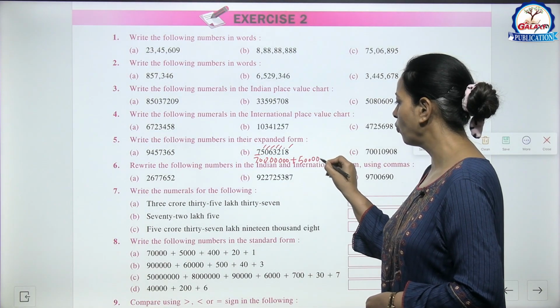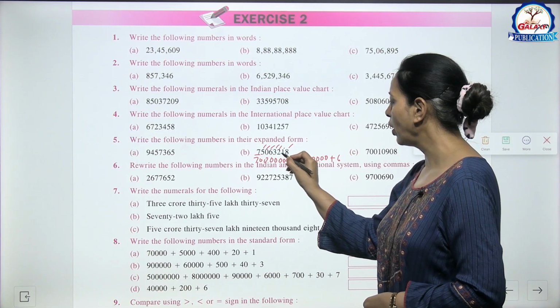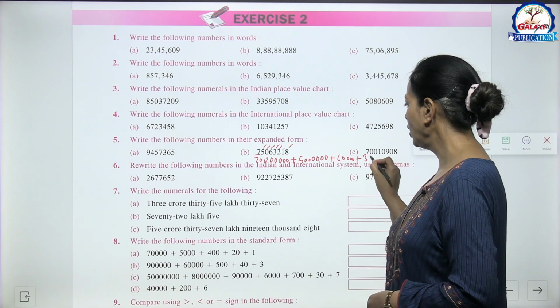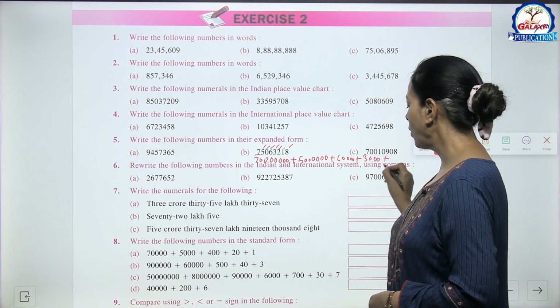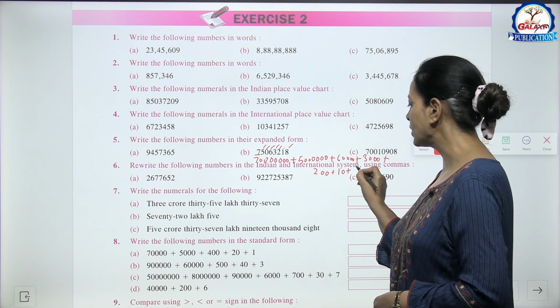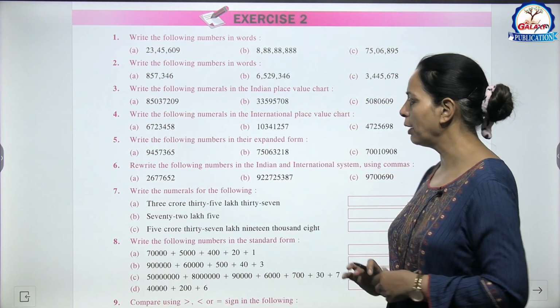Plus 0, leave it. Then 6, then 4 zeros. Plus 3, 3 zeros. Plus 200 plus 10 plus 8. Okay, very simple. Similarly, you can try the remaining parts.